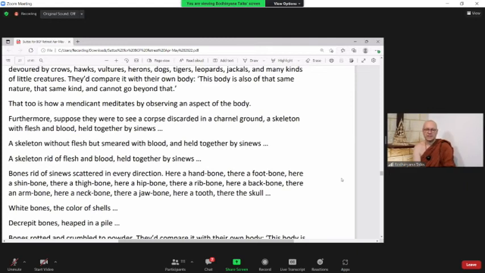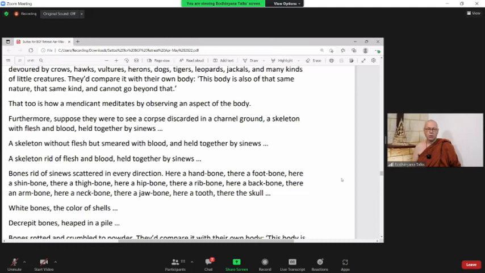Furthermore, suppose they were to see a corpse discarded in a charnel ground, a skeleton with flesh and blood, held together by sinews, a skeleton without flesh but smeared with blood and held together by sinews, a skeleton rid of flesh and blood, held together by sinews, bones rid of sinews, scattered in every direction. Here a hand bone, there a foot bone, here a shin bone, there a thigh bone, here a hip bone, there a rib bone, here a backbone, there an arm bone, here a neck bone, there a jaw bone, here a tooth, there a skull.